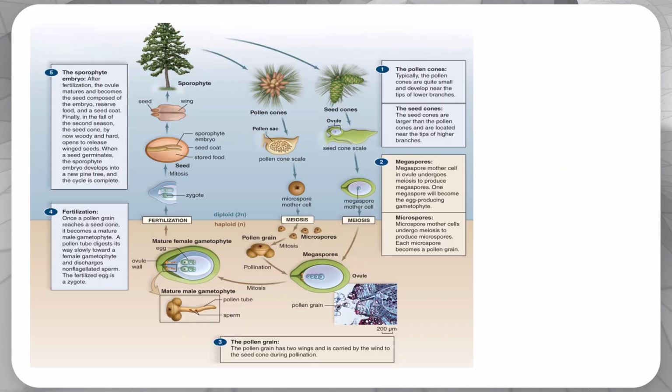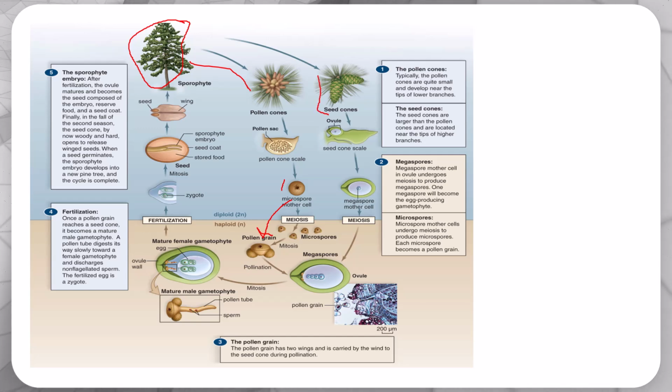So here again is the old alternation of generations life cycle, although this just got a little bit more complex, right? So if we start with our diploid sporophyte generation, now we've got a little bit more complication because we've got pollen cones here, which produce microspores, which grow up to become pollen, which is the male gametophyte generation.